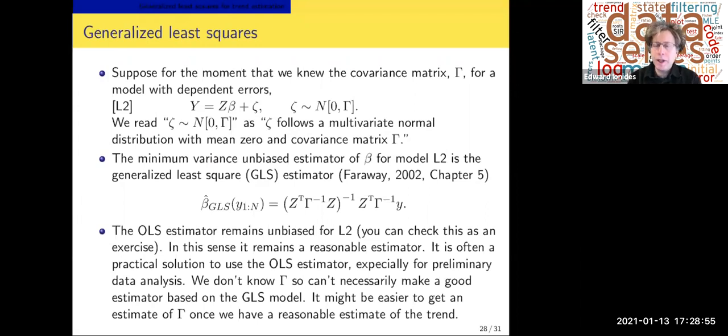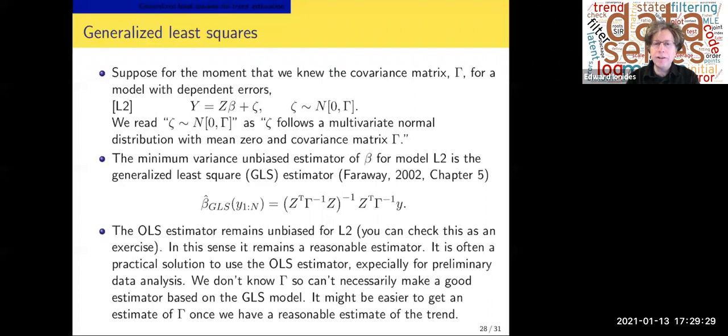We would replace the IID model L1 with a model L2, y equals z beta plus zeta, where zeta is normal(0, gamma), and gamma is the covariance matrix. The problem is that even if we know the covariance matrix is not diagonal, that doesn't tell us necessarily what the entries are. But anyway, let's suppose for the moment we did know them.